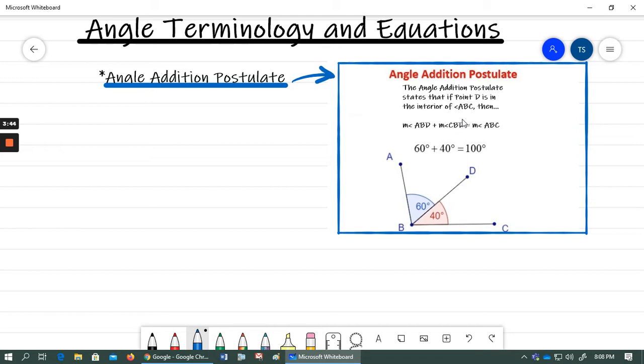So the measure of angle ABC has to be those 2 smaller angles added together. That's the angle addition postulate. For the most part, it doesn't just work with adjacent angles, but most of the time when we see diagrams, it works that way when we've got adjacent angles like what you see in this diagram.